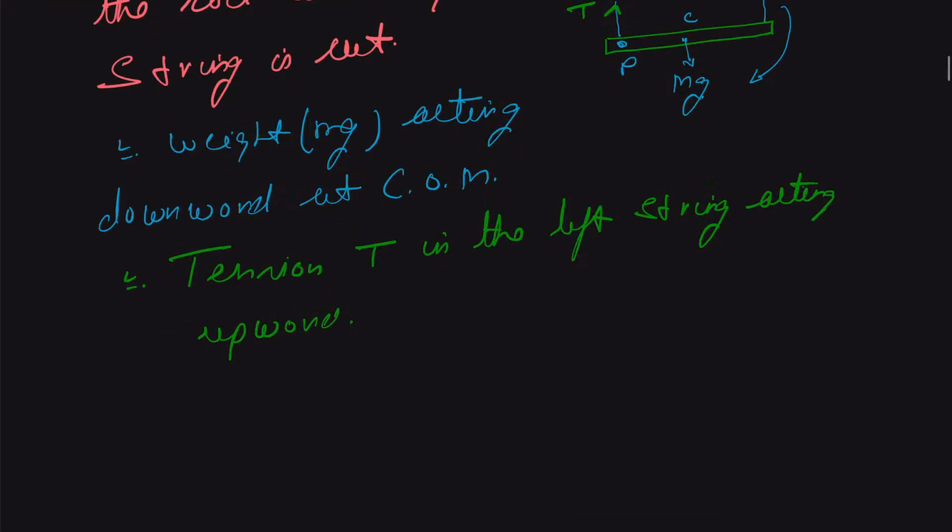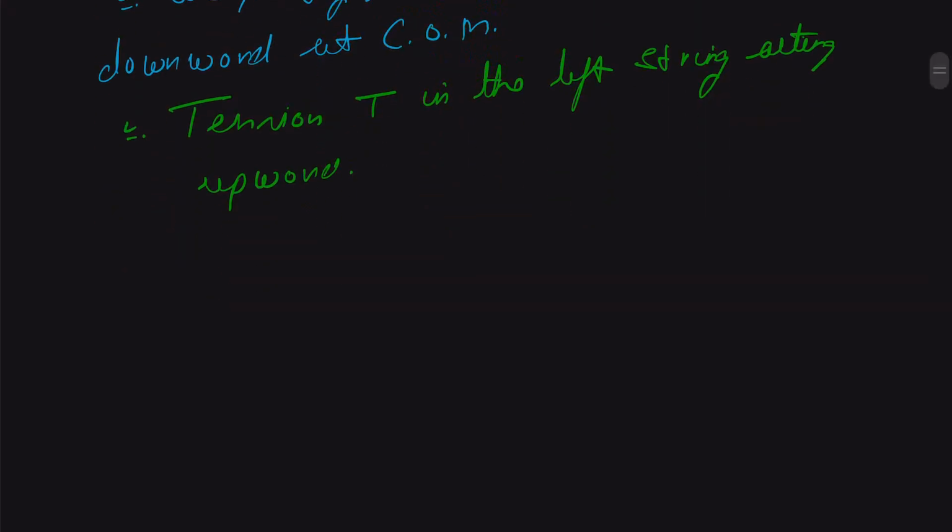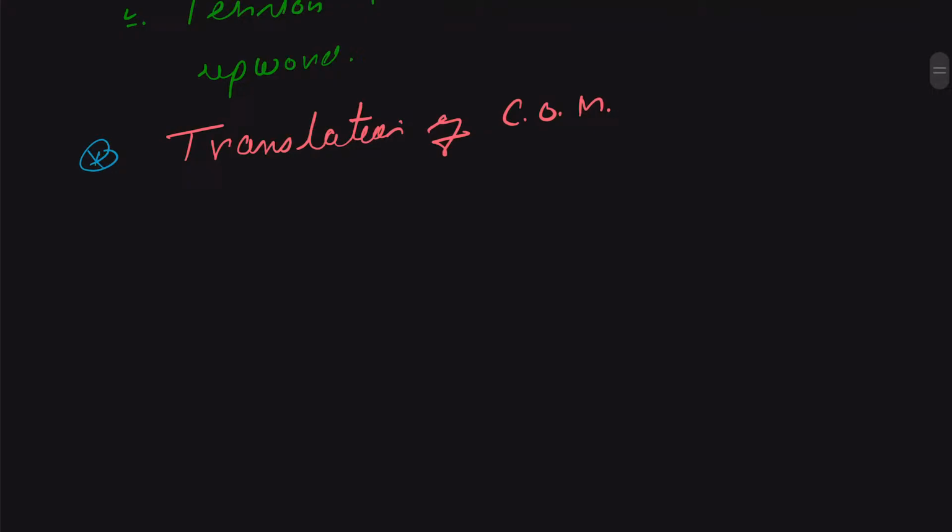And so let us first of all apply for the translation motion of the center of mass. Translation of center of mass, and you can say that mg minus T will be equal to mass into acceleration.